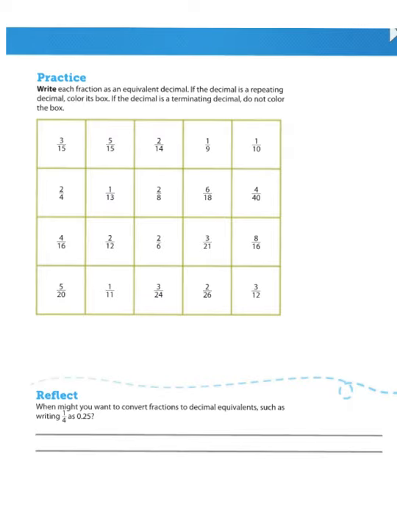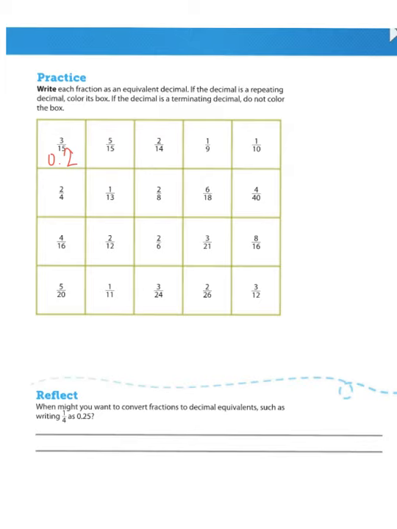So I'll do a couple of these just as examples. So 3/15, 3 divided by 15 is 0.2. That is not a repeating decimal. It is a terminating decimal because it ends. So the directions say if the decimal is terminating, do not color it.